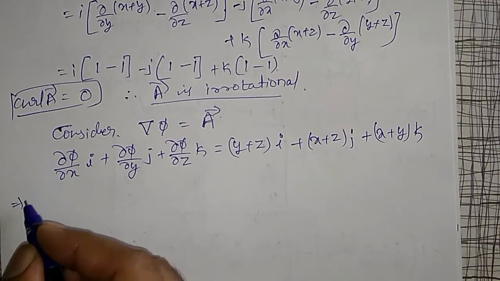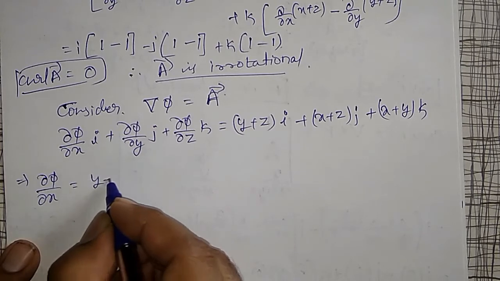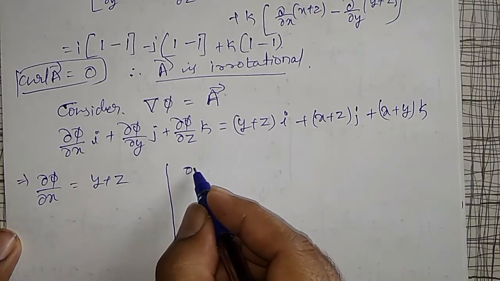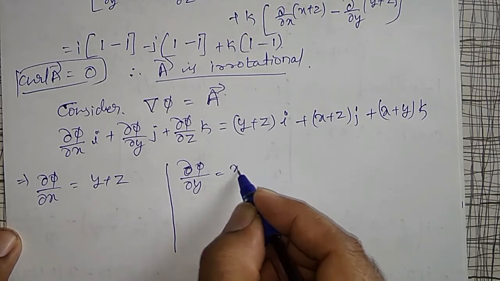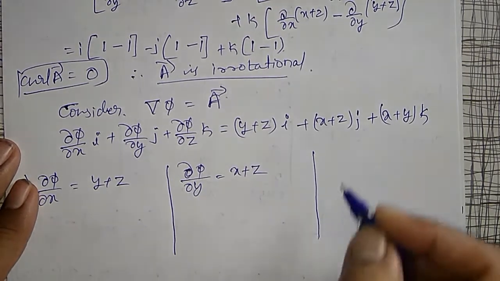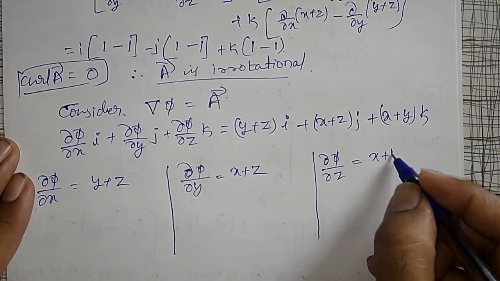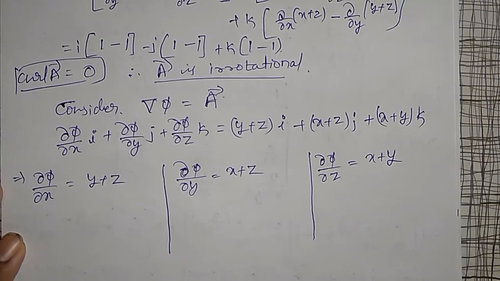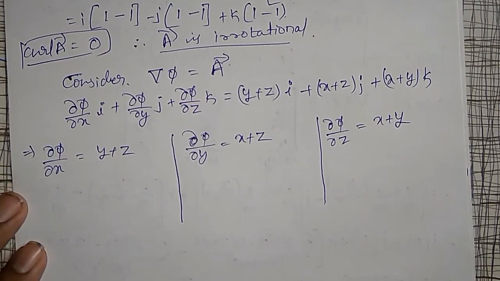Therefore, I can write dou phi by dou x is equal to y plus z, dou phi by dou y is equal to x plus z, and dou phi by dou z is equal to x plus y. These are the three partial differential equations. Using these, I have to solve for phi.